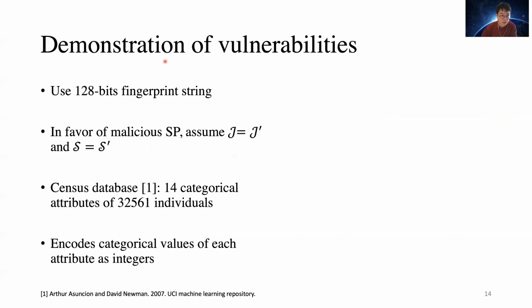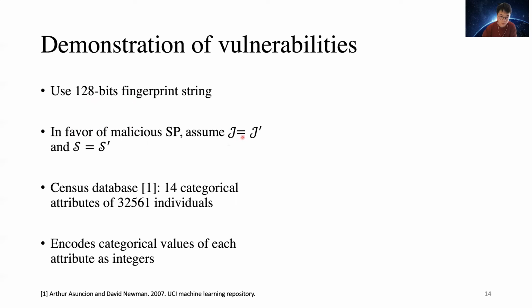So now let me first show the vulnerability of an existing fingerprint scheme against the identified correlation attack. We use 128 bits for the fingerprint string. In favor of the attacker, we assume that the attacker's prior knowledge of the column-wise and row-wise correlation is identical to the correlation knowledge of the database owner.